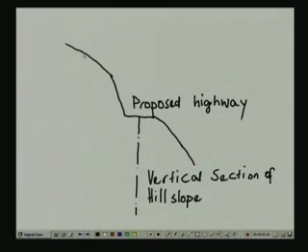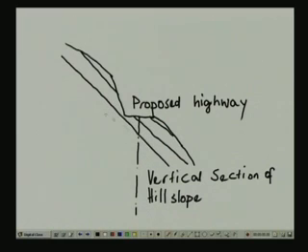Now let us say this particular hill slope is underlain by a jointed rock, and one of the joint sets is oriented in this manner. Now, if you have got this kind of joint set, so this is the joint set.